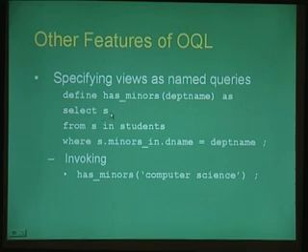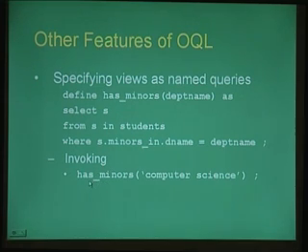that is, select S for where S is an iterator variable from S in students, where S.minors.D-name equal to department name, and so on. So you are basically defining some kind of a method when you are saying that you are defining a view. You just invoke this view as though you are invoking a particular method.